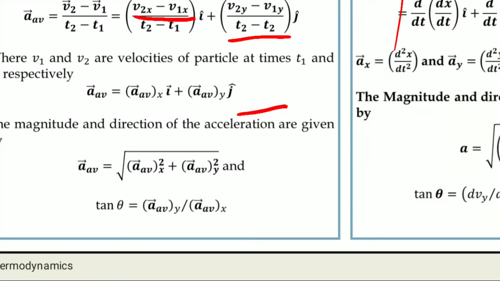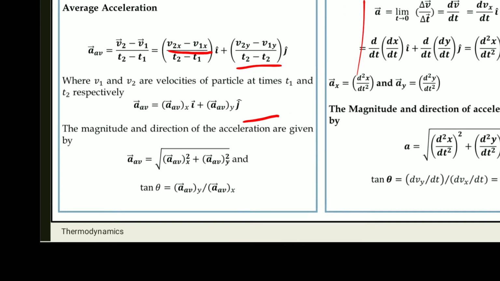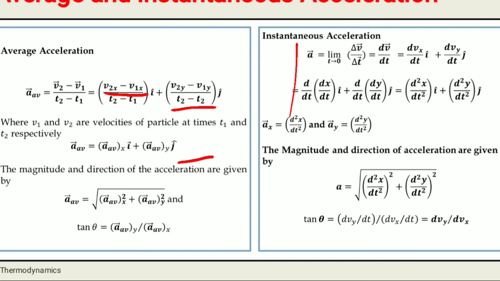You know how to calculate the magnitude and direction, which you studied in your second lesson on vectors. So a average is equal to the square root of average acceleration along the x axis squared plus average acceleration along the y axis squared, and tan theta, the direction, is average acceleration along y axis divided by average acceleration along x axis, which will give you the direction of acceleration.